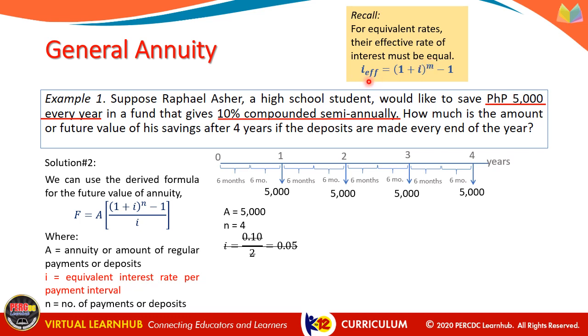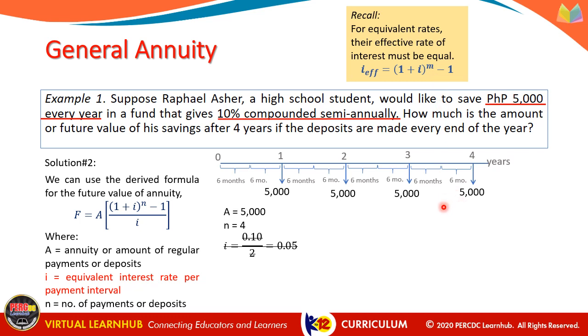Effective rate of interest is equal to 1 plus I raised to m minus 1. Can you still recall this formula? I hope you do. If not, if you already forgot about this, you might want to check our last lecture video on simple and compound interest.